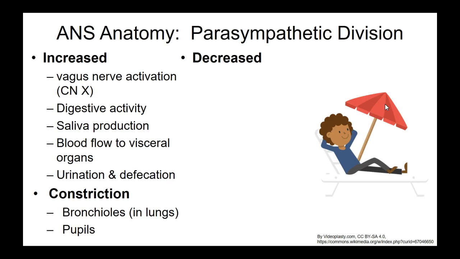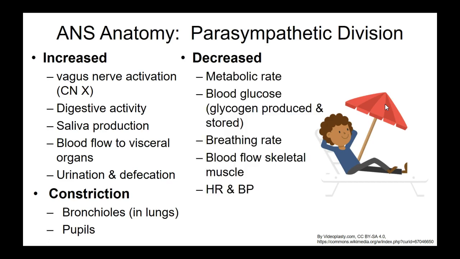Okay? So what's getting decreased? Well, we've talked about a few of these already. So here, breathing rate's going down, heart rate and blood pressure go down. Okay? So blood flow, basically with parasympathetic, the blood flow kind of gets redirected to the viscera from the skeletal muscle.